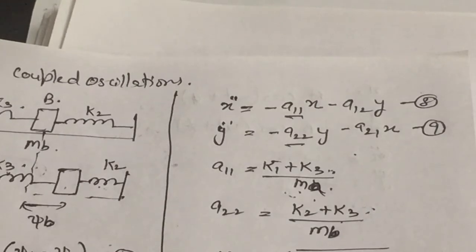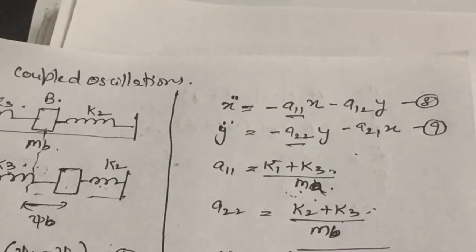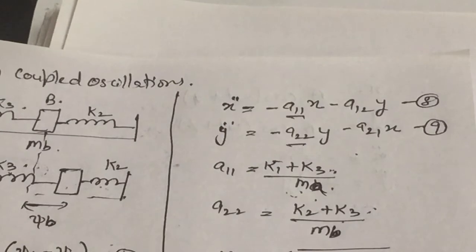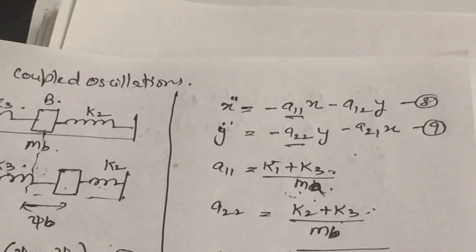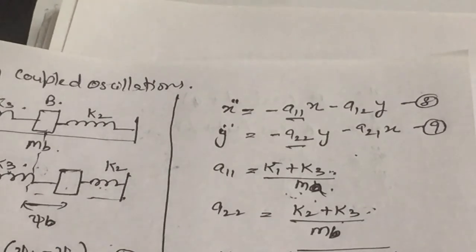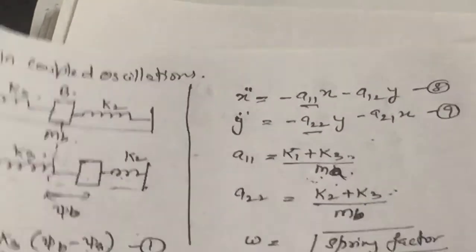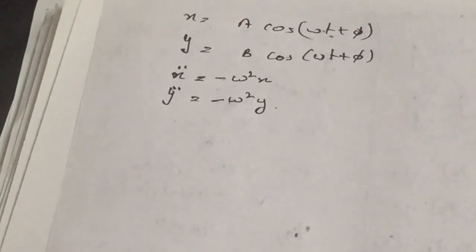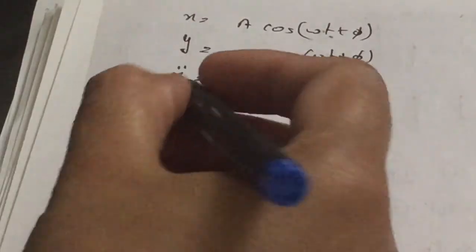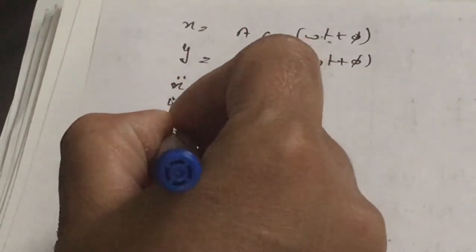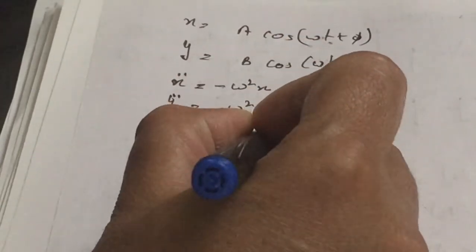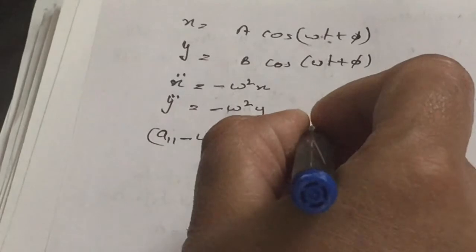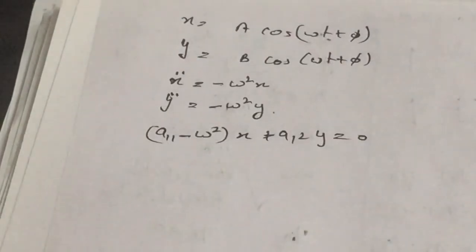We are representing the equation with the help of x double dot and y double dot. If we put this value minus omega square x and minus omega square y here, instead of x double dot and y double dot, what will we have? We will get the equation a11 minus omega square x after rearranging the terms plus a12y is equal to 0.